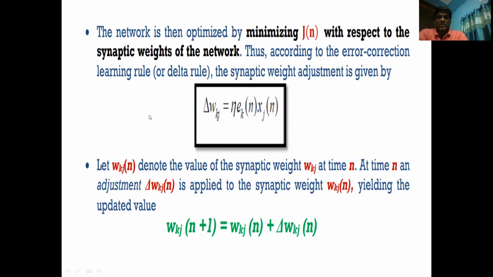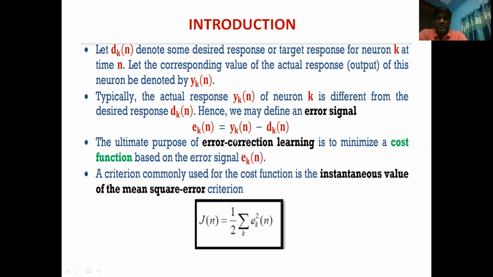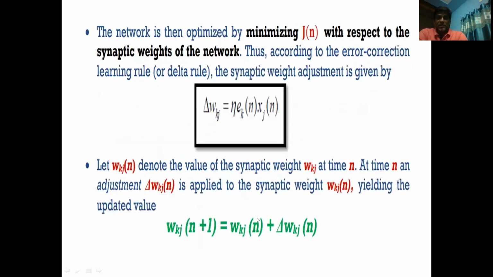Then the neural network will be optimized by minimizing J of n. The J of n is actually defined in terms of the error ek of n. Therefore, the neural network will be optimized by minimizing J of n with respect to the weights of the neural network.